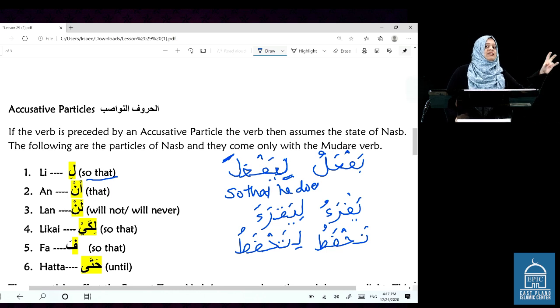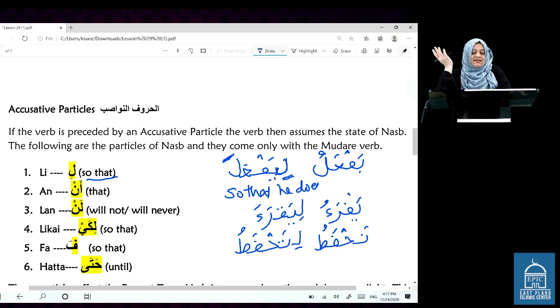Hatta matla'il fajri, hatta is a harf jar, and hatta also comes as a particle of nasab, and it means until. Inshallah you will see the application now with a few Quranic verses in order to wrap up the class today. But that's basically all it is about the basic particles of verbs.